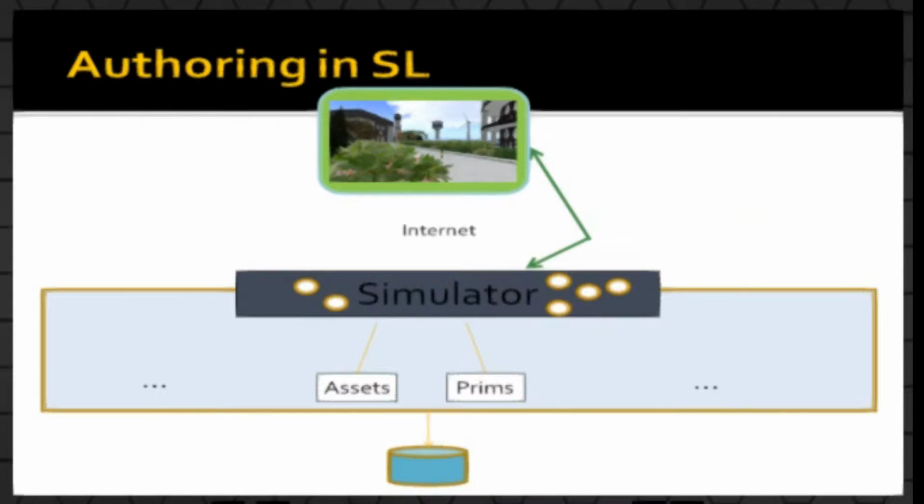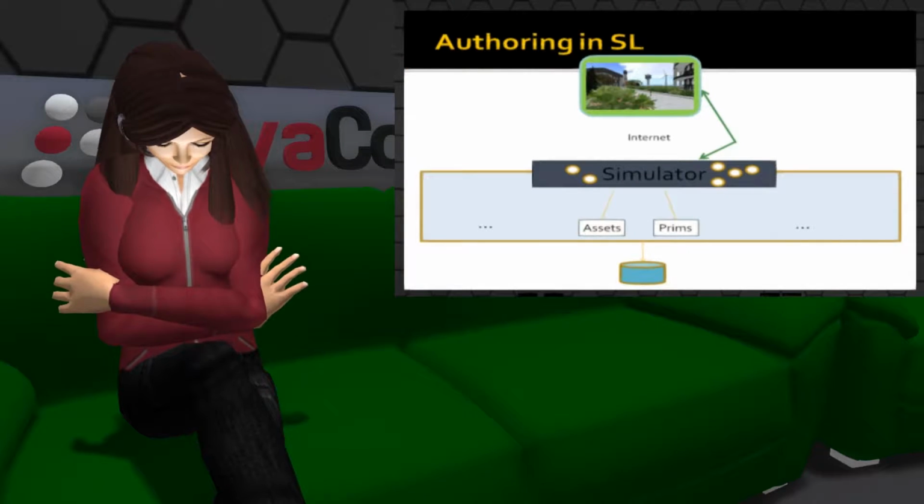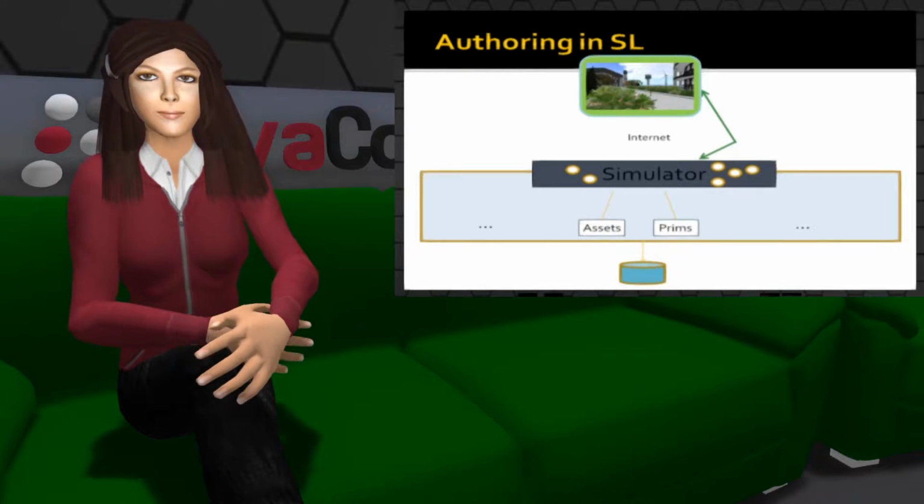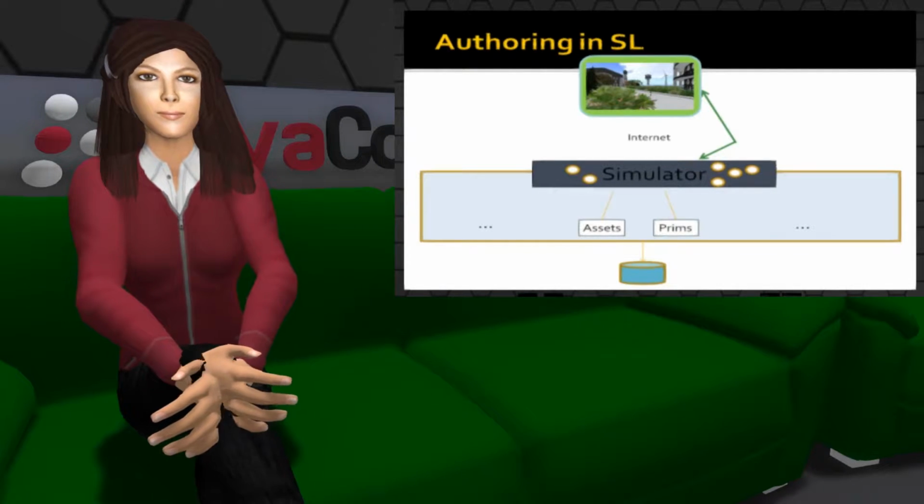There are basically two main components to it. There's one or more assets associated with that object, and then there's a primitive object that represents the object that we actually see on the screen. So that's how it goes.